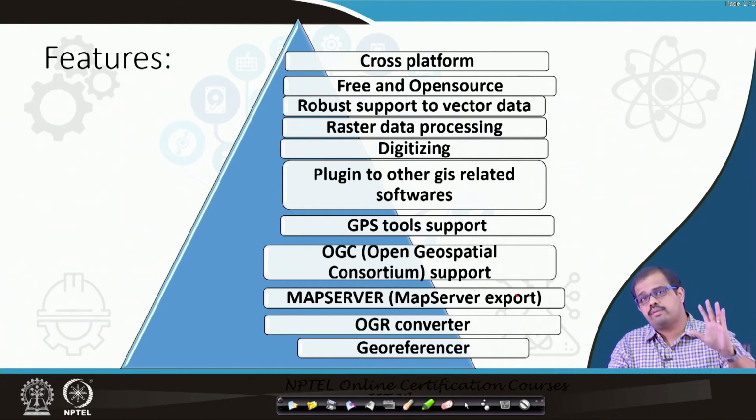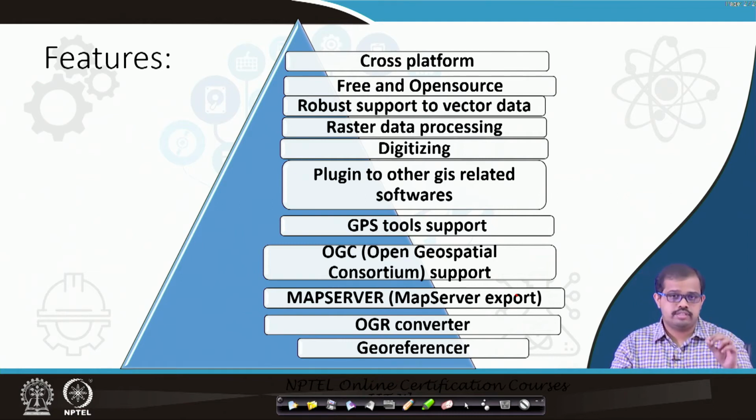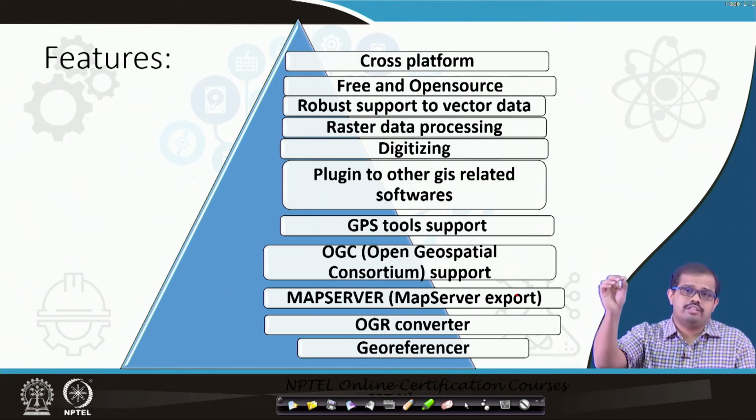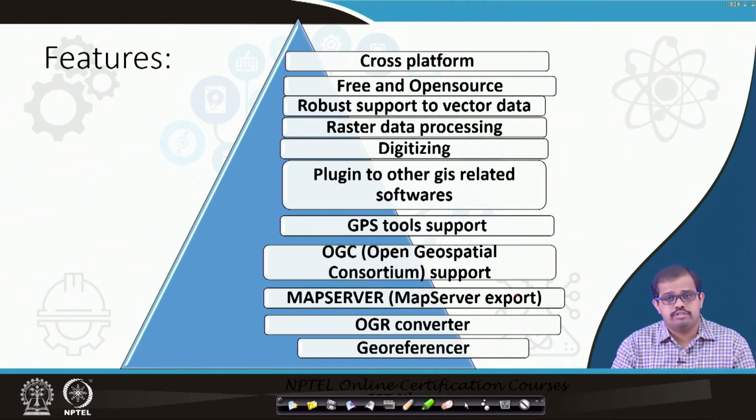So here it supports map server, which can handle both raster and vector data very effectively, and you can utilize it as a web service, so that anyone who wants to visualize your data, without having any kind of hardware or software, can easily look at it just by logging into that particular URL with a web browser. As simple as that, anyone with a mobile phone can get into that.